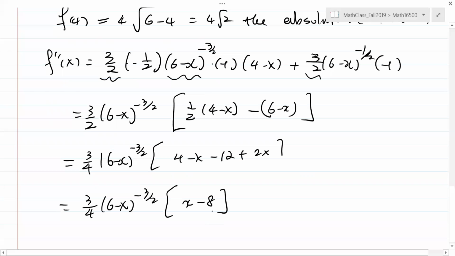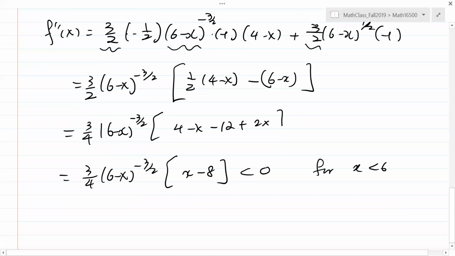I should say that this is always negative for x less than 6, because we only consider the case when x is less than 6. Okay, so x minus 8 is negative. So everywhere it matches what we showed at the very beginning.